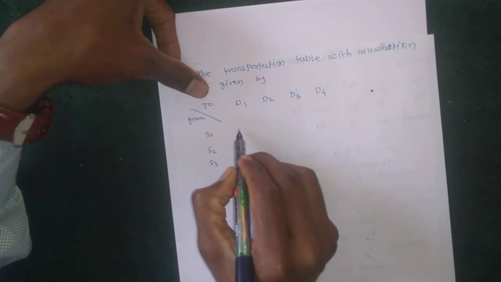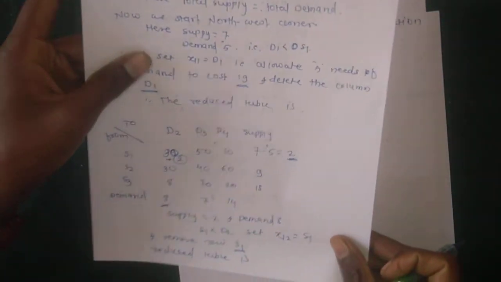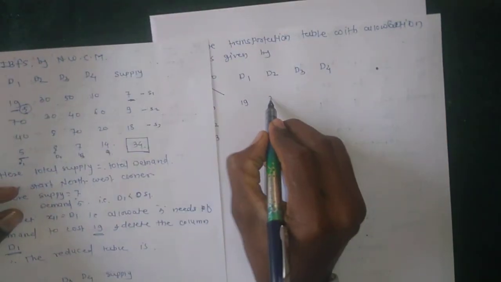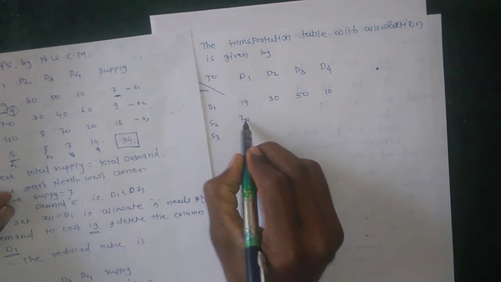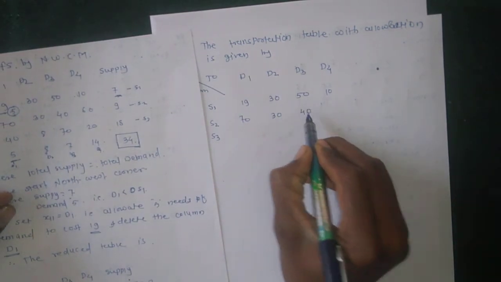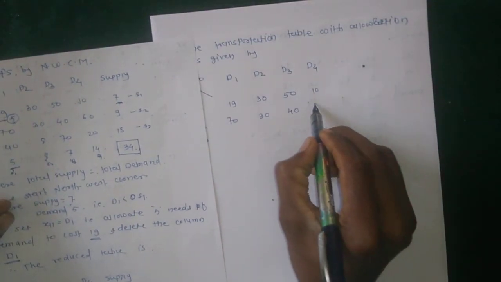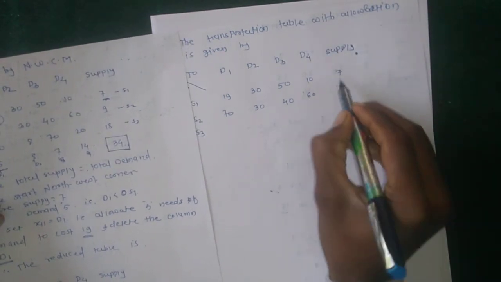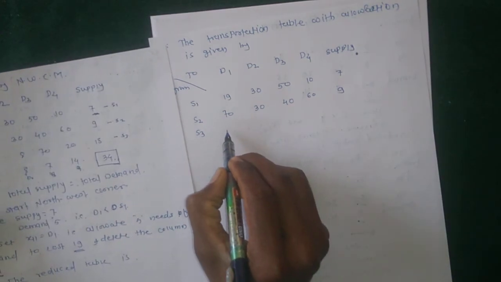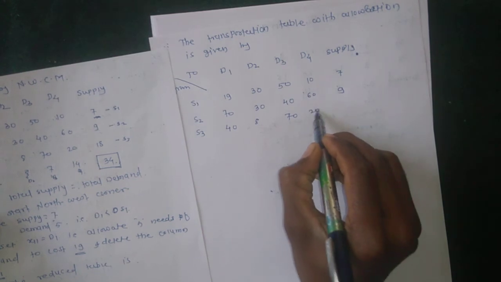The costs are 19, 30, 50, 10, then 70, 30, 40, 60, then the S3 row 40, 8, 70 and 20.